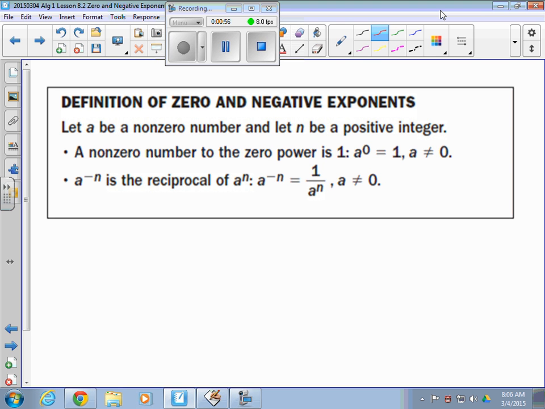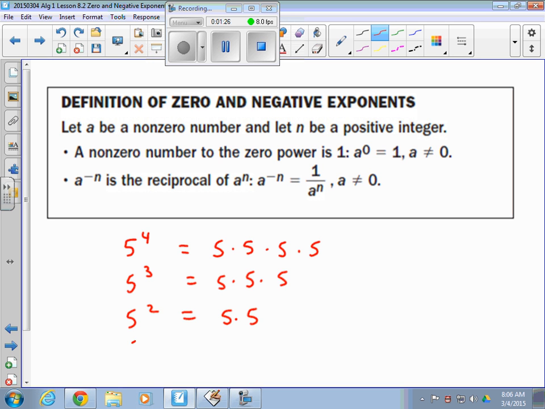Now, most people understand what exponents mean. Most people understand that if I do 5 to the 4th power, that means 5 times itself 4 times. 5 to the 3rd power means 5 times itself 3 times. 5 to the 2nd power means 5 times itself 2 times.